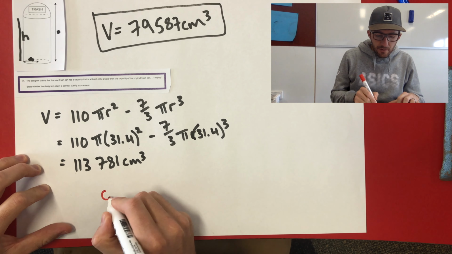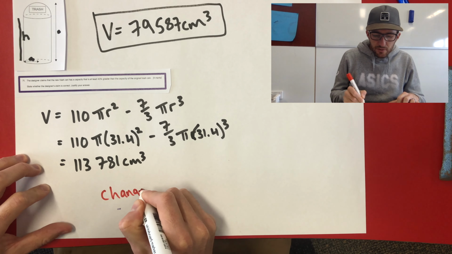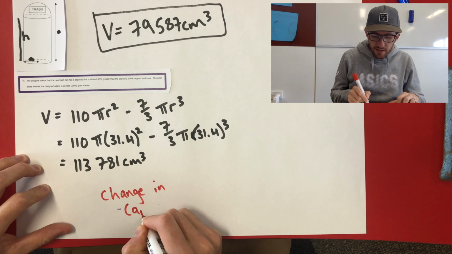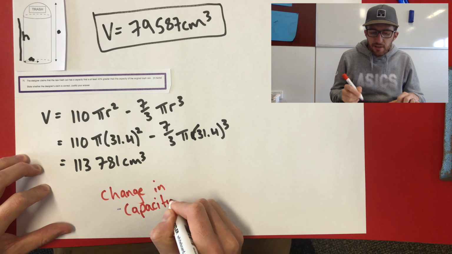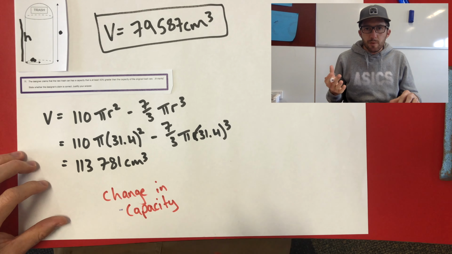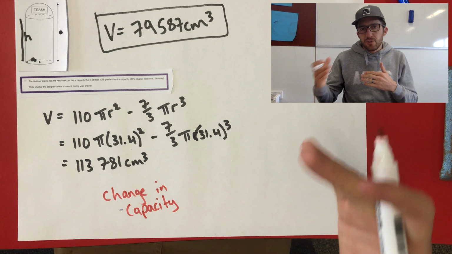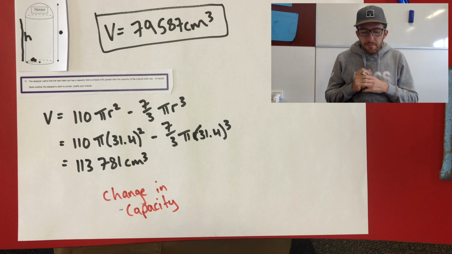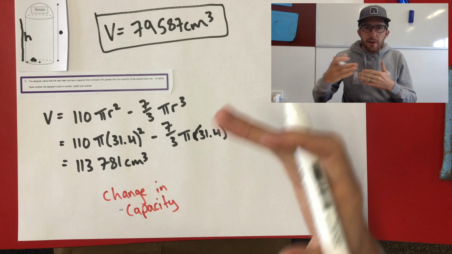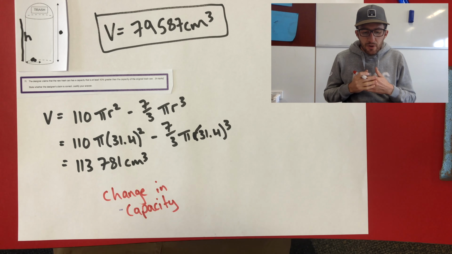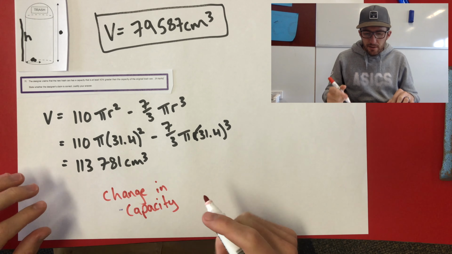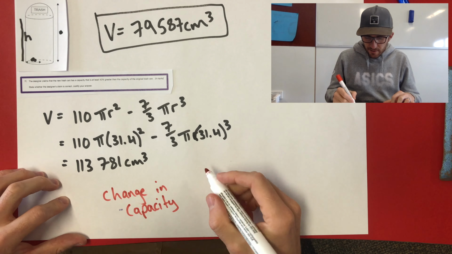So change in capacity, because we're trying to see a similar thing to what you would with the percentage error. You're trying to see how far apart the actual and estimated values were. Here we're trying to see how far apart the original and the new values are. So it's the same process.